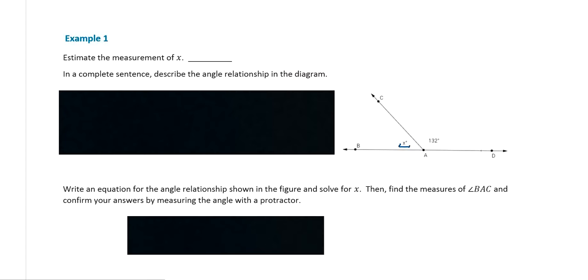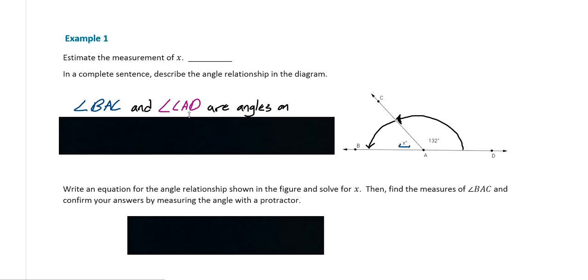And those 2 angles, if I spin from here to here, and then spin again and go from there to here, that gets me from facing one direction to facing the completely opposite direction, aka that makes up a line. So I would say the relationship is that BAC and angle CAD are angles on a line.